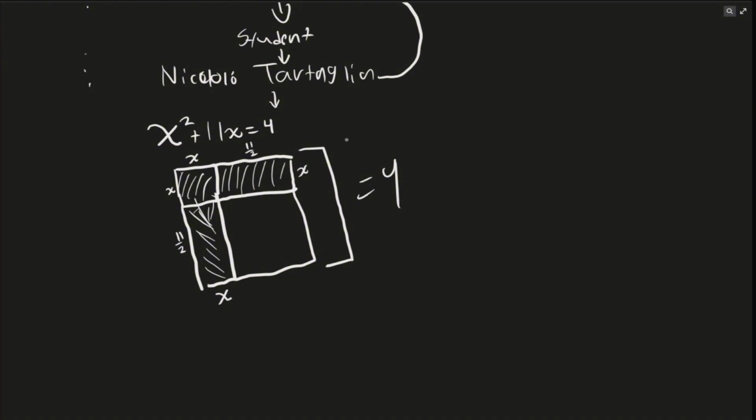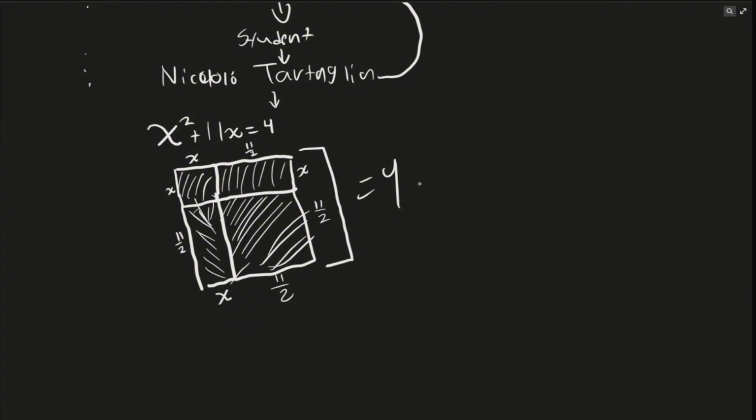That's terrible shading, but we know that those parts exist. To complete the square, since it's just a little L shape, we have to add this box, which is 11/2 squared.